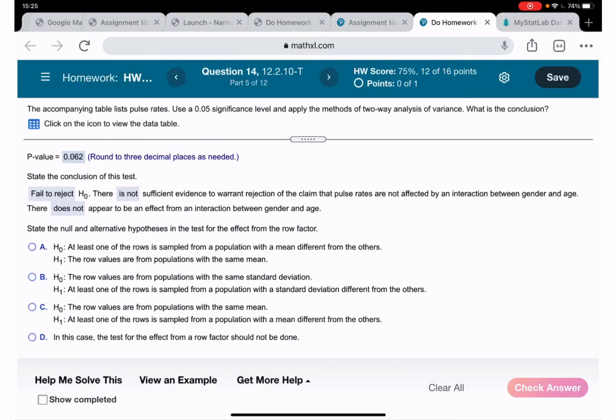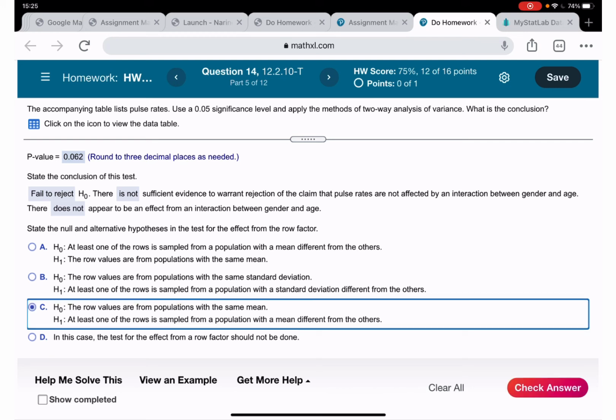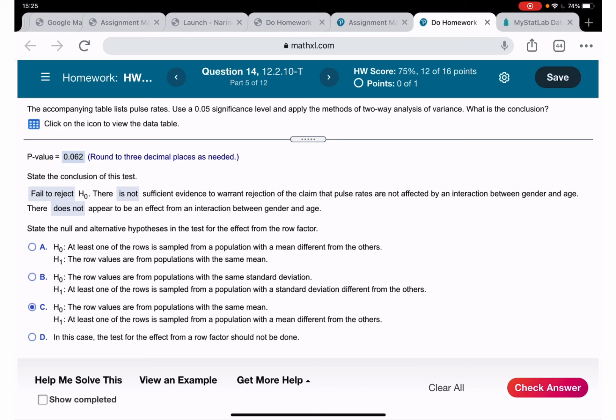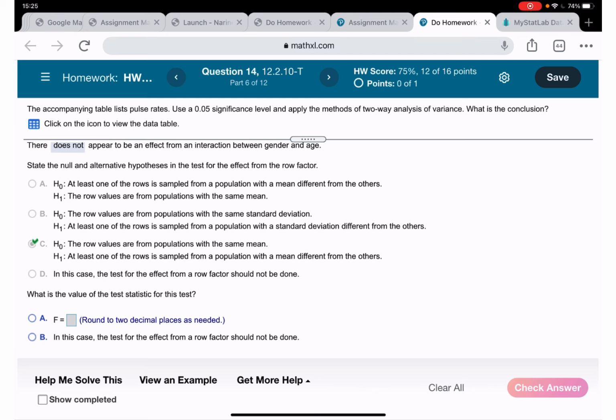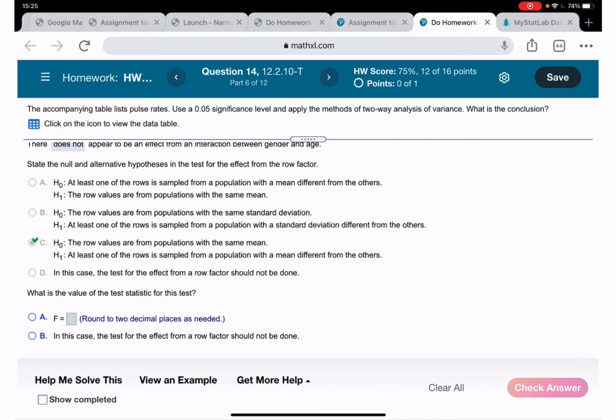We have further. So we need to state a null and alternative hypothesis. We're going to go with the case that the row values are from populations with the same mean, right? With the same mean, okay? Because we are trying to check the mean. What else? What is the value of test statistics for this test? All right, let's go back.